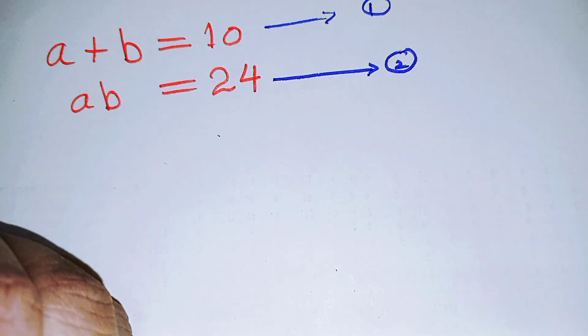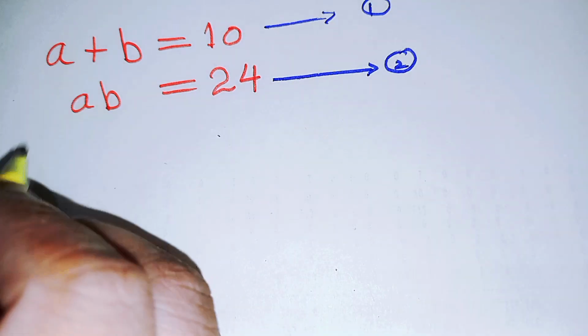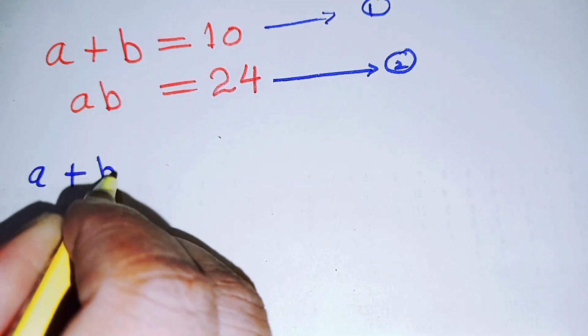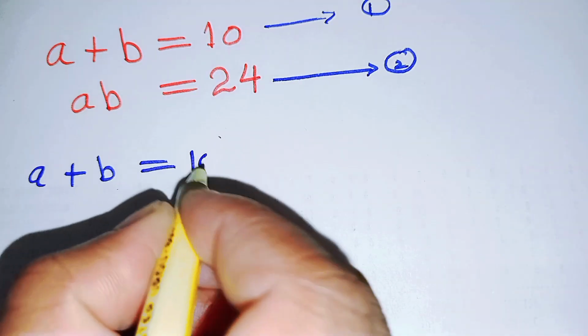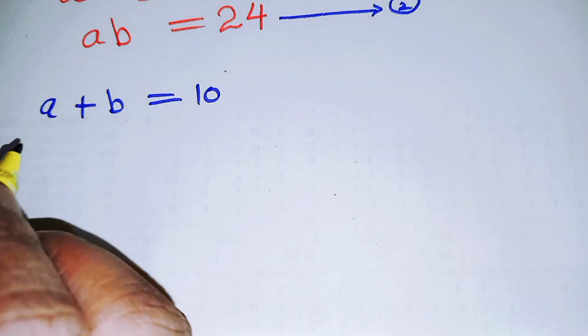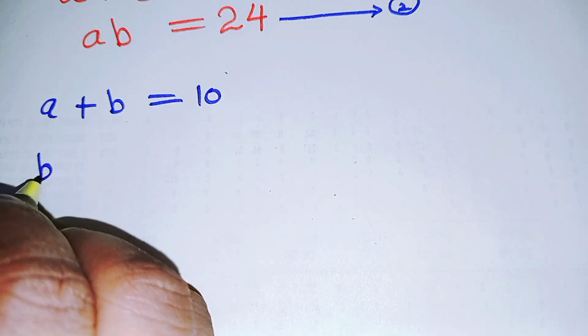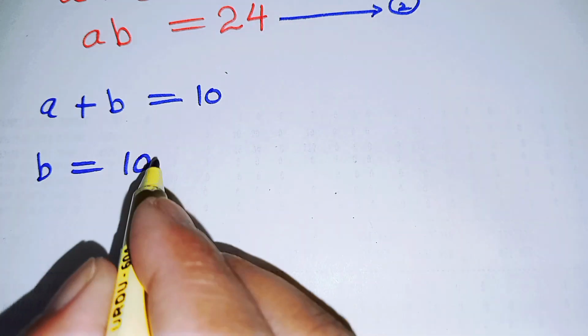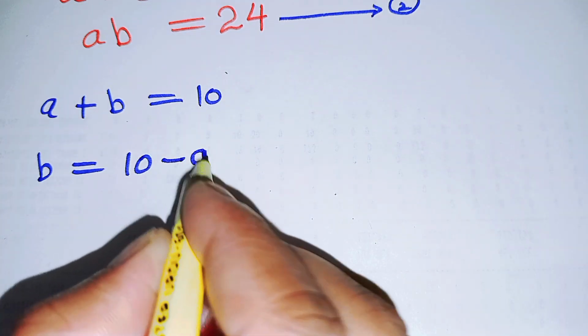The first equation is a plus b is equal to 10, so b is equal to 10 minus a, where the plus a is moved to the other side as minus a.